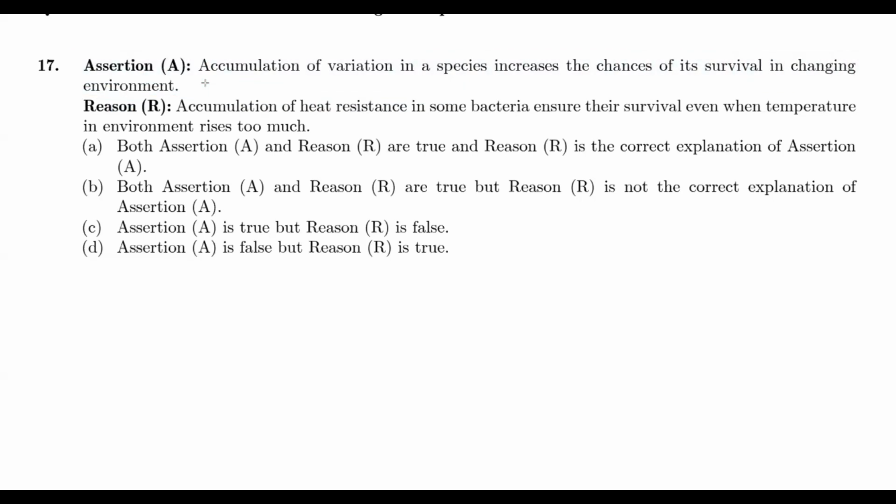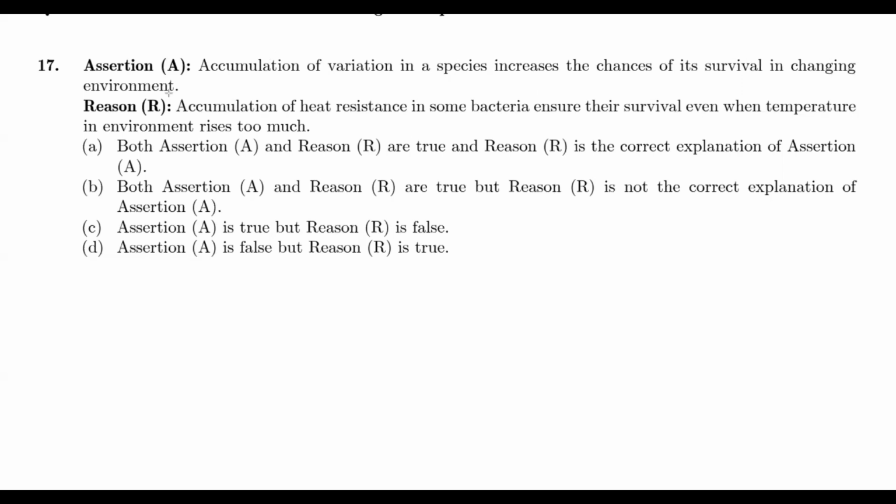But we know that a variation that takes place in an organism can be favorable, that is positive, can be negative, or can be neutral. When it is negative, the chance of survival is less and the species may get eliminated. If it is neutral, it will not affect much. But if it is positive, it helps the organism and will increase the chance of its survival in the changing environment. So we'll say that the assertion is correct. Now below, what is the reason?